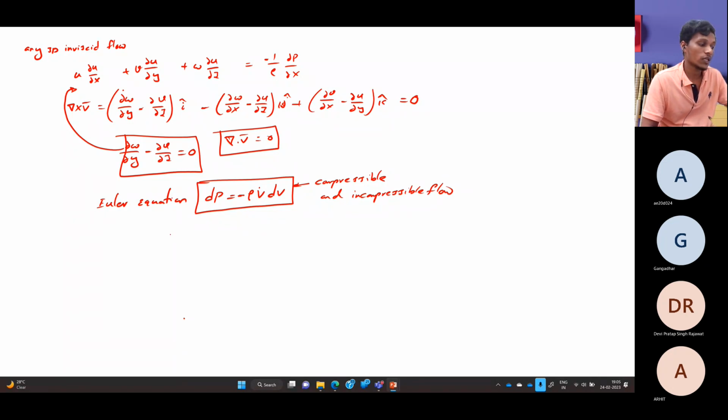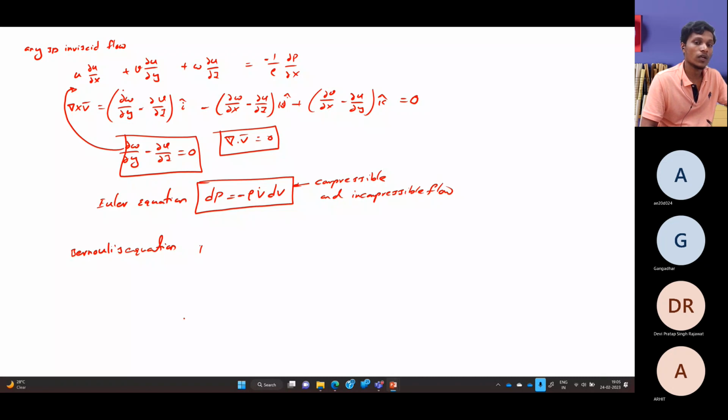So after getting the Euler's equation, using some assumptions, there are three important assumptions, with those assumptions only we can get the Bernoulli's equation, which is quite famous in fluid mechanics, and aerodynamics mostly uses this Bernoulli equation.